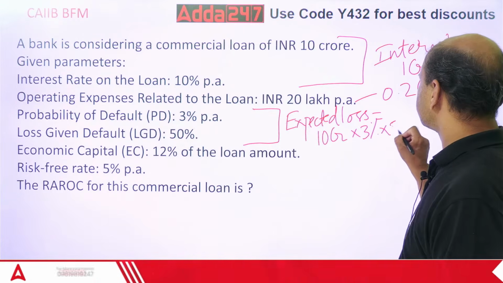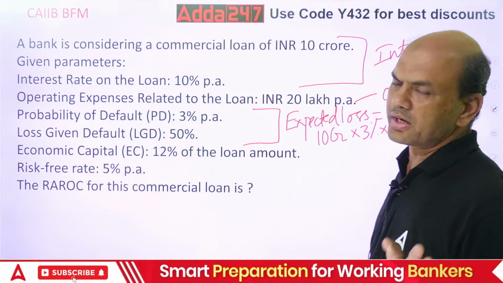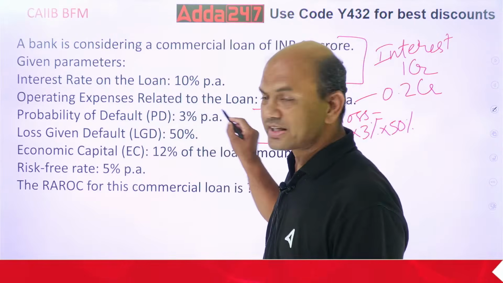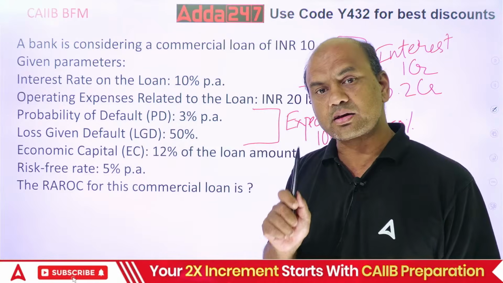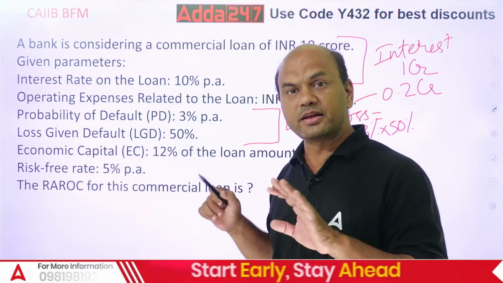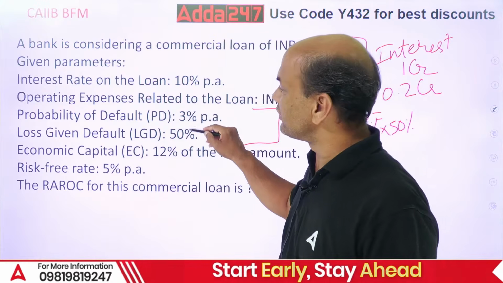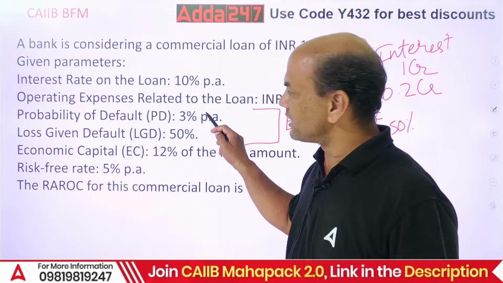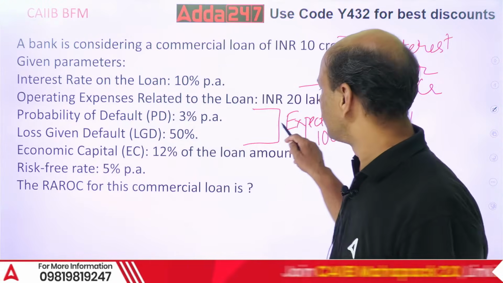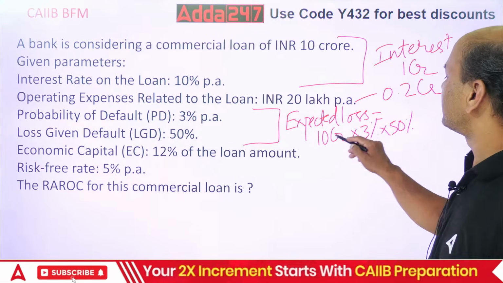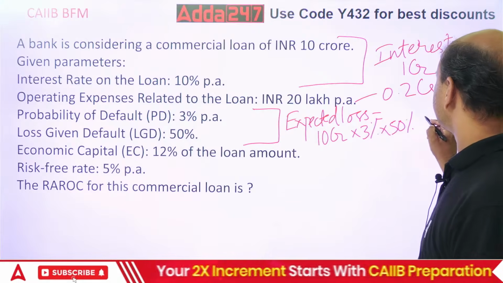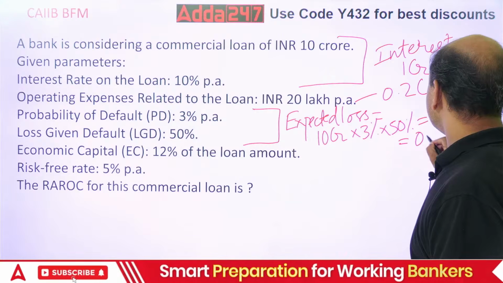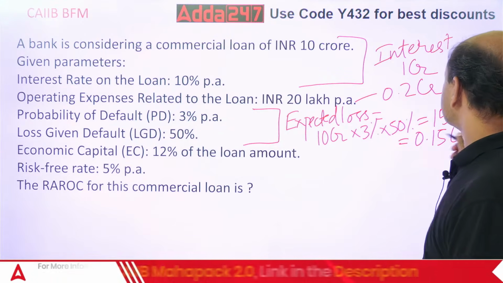Whenever you are asked for expected loss in a problem, you might get a single 1 mark question in the exam. The answer is simple: loan amount into probability of default into loss given default. 3% means 30 lakhs, 50% of that is 15 lakhs. So that is equal to 0.15 CR. We'll write everything in crores.